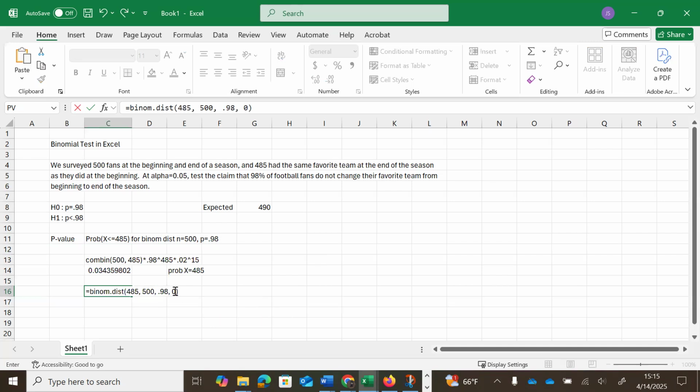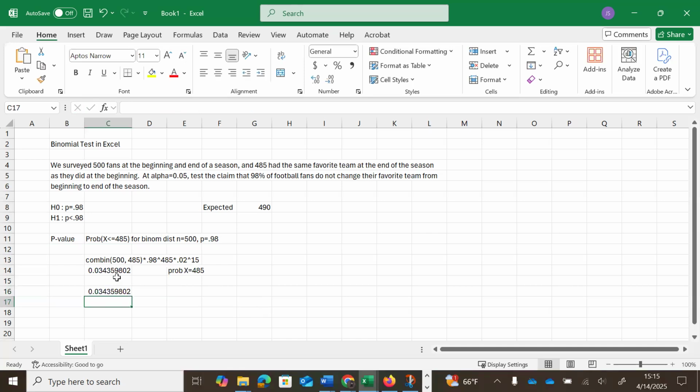This last slot is called cumulative. If I put a 0 there, I do not want cumulative, so it will give me the probability I just found, the probability of exactly 485 successes. Sure enough, it matches the number we just got.